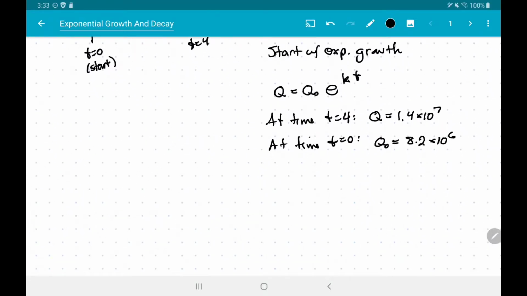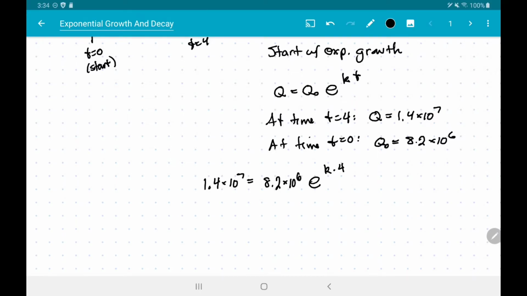Let's fill in what we know. At time t equals 4, we're going to have 1.4 times 10 to the 7th for q. Then we're going to have 8.2 times 10 to the 6th for q sub 0. E to the, well, we don't want to know what k is yet. We're going to solve for k. And then t is 4.